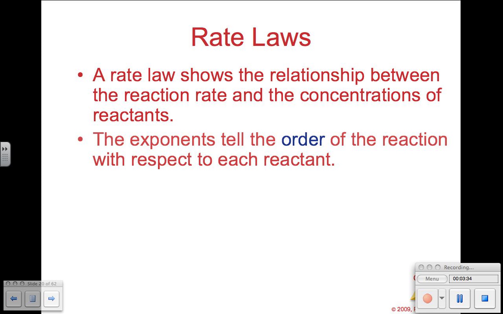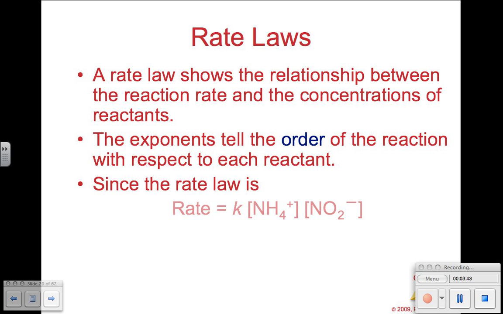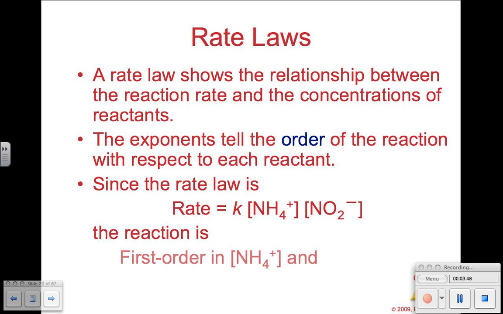So the rate law shows the relationship between the reaction rate and the concentration of the reactants. The exponents tell the order of the reaction with respect to each reactant. Since the rate law is the rate equals k times the concentration of NH4+ times the concentration of NO2-, the reaction is first order in the concentration of ammonium ions and first order in the concentration of nitrite ions.